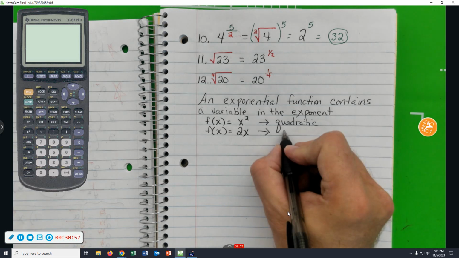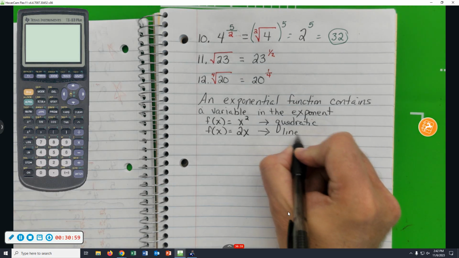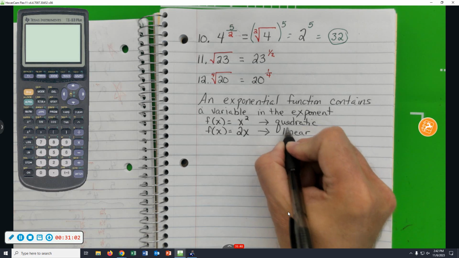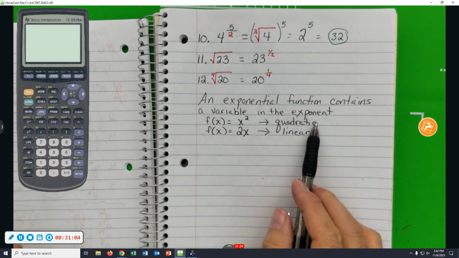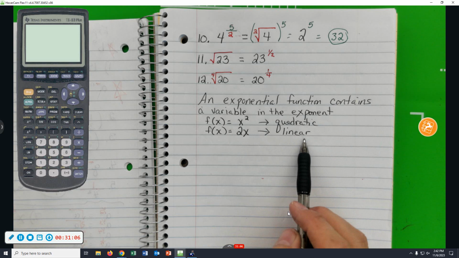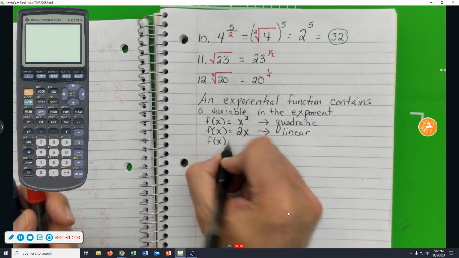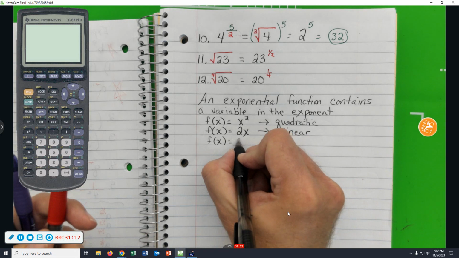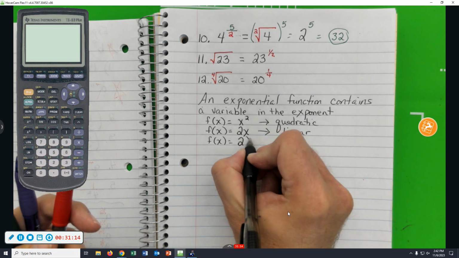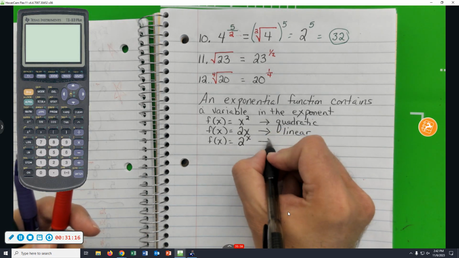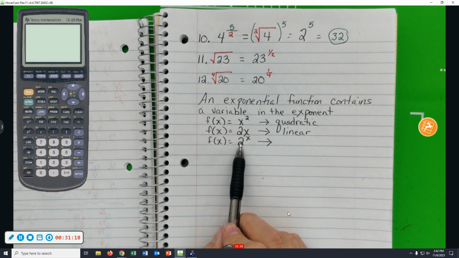Starts with an L. Maybe linear. Linear. Okay. So we have quadratic functions, we have linear functions. Remember we had the cubic. We graphed cubics using that little 4-point cubic tool, if I remember correctly.